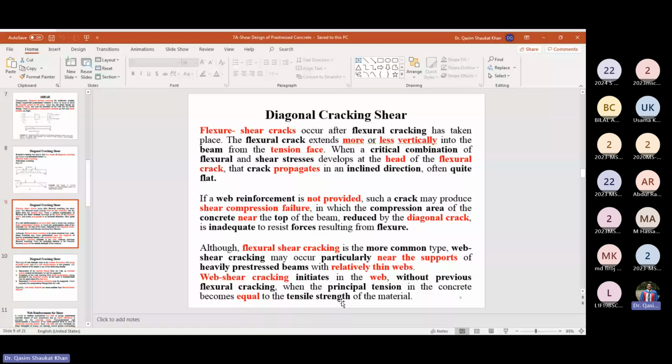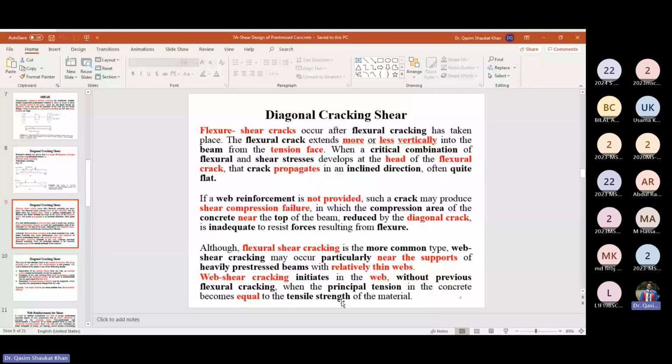So flexural shear cracking, which is a combination of flexure and shear crack and is more flat, is the more common type of cracking. But web shear cracking, which is more towards the supports, near the face of the supports, and is inclined at an angle of 45 degrees, is less common.